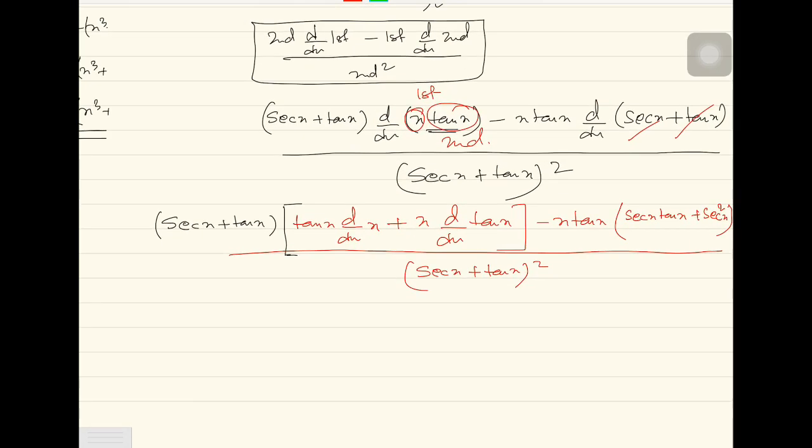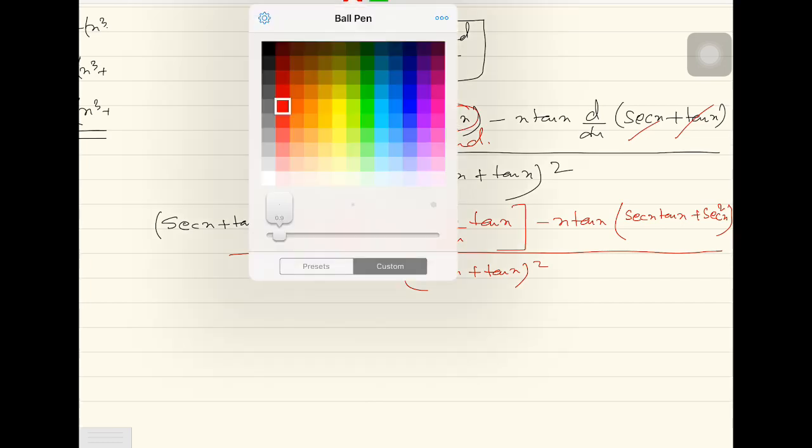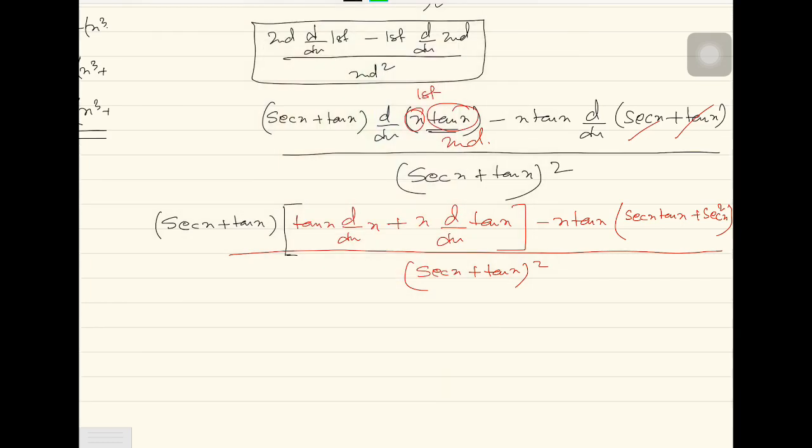Okay, so now let's simplify this further. Let me do it in black again. So sec x plus tan x, check this out. And what is d/dx of x here? 1, no need to write, so tan x, plus what is d/dx of tan x?